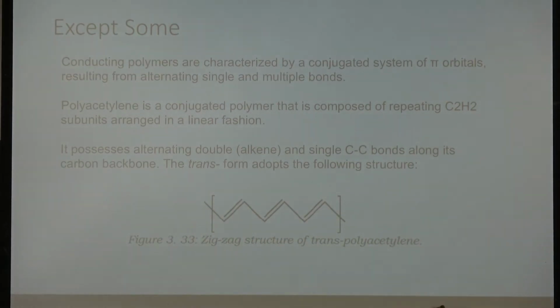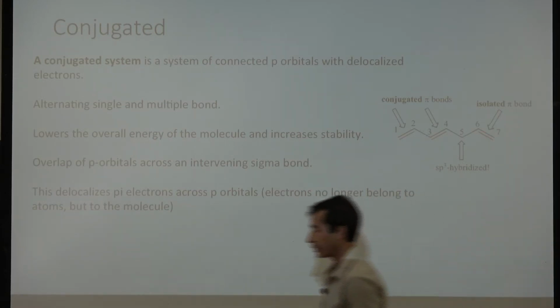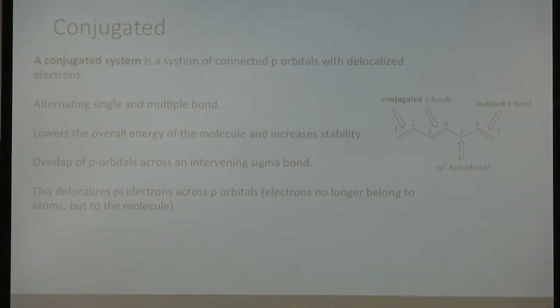So what do we mean by conjugated? Just to remind you, if you haven't taken organic, a conjugated system is connected p orbitals with delocalized electrons. So alternating double bond, single bond, double bond, single bond. So these two would be conjugated with each other, right? And this situation would not be, right? And so this situation then would be conjugated, right?